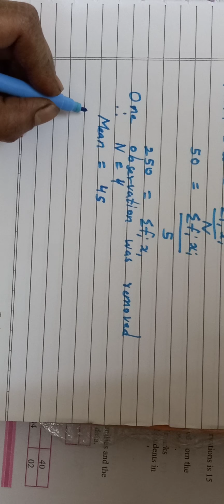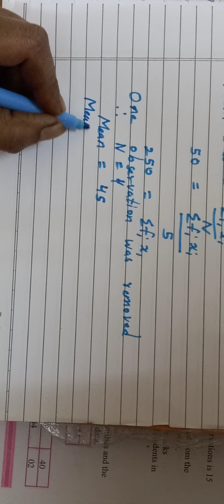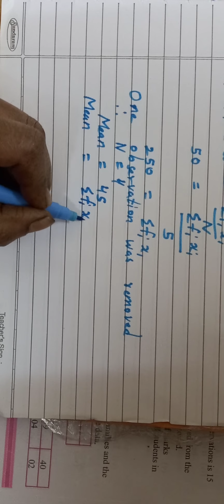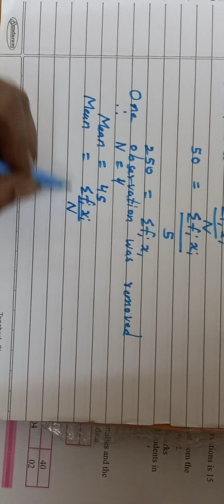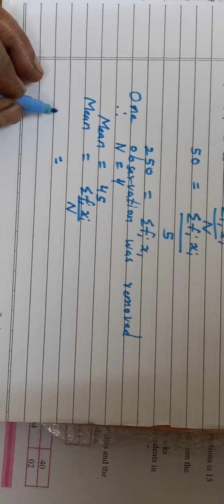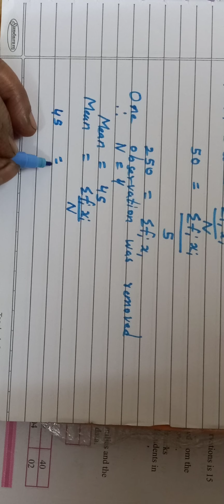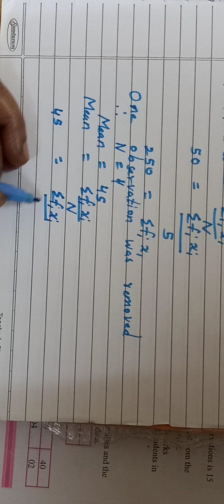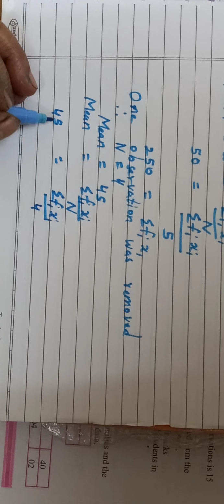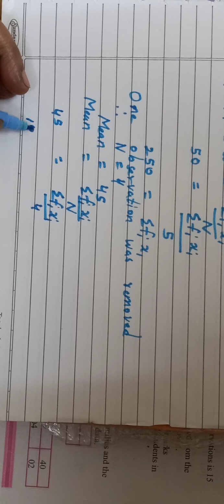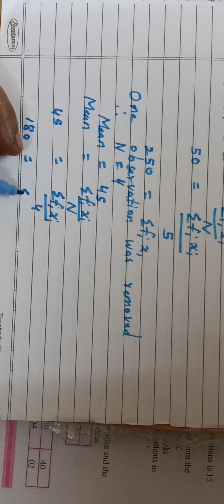Mean is equal to summation fi xi upon capital N, and the mean for this is 45. So I will write here 45 is equal to summation fi xi upon n, n is 4. Now 45 into 4 is 180, so 180 is equal to summation fi xi.